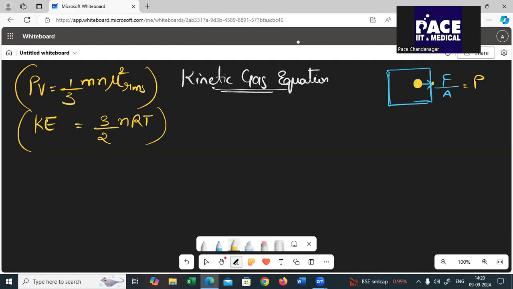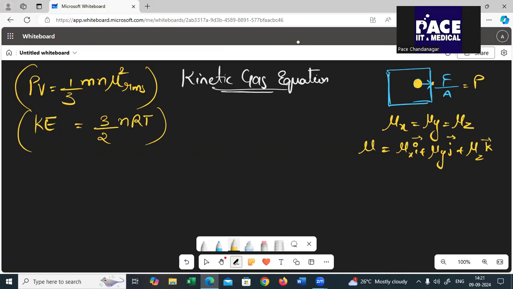So u is ux times i plus uy times j, according to your ijk vectors, plus uz times k vector. Now, if I take the modulus, mod u is equal to the square root of ux squared plus uy squared plus uz squared.